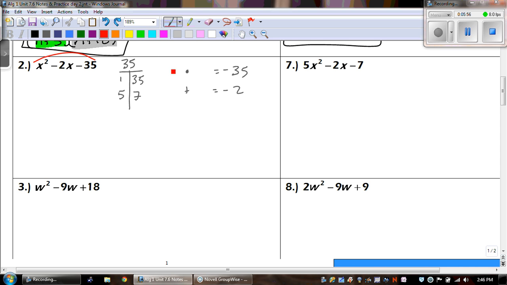So what is it? Well, it's 5 and 7. Which one gives us a negative 2? That's with a negative 7. And our leading coefficient is 1. So I can go straight into the shortcut, saying that this is x plus 5, x minus 7.